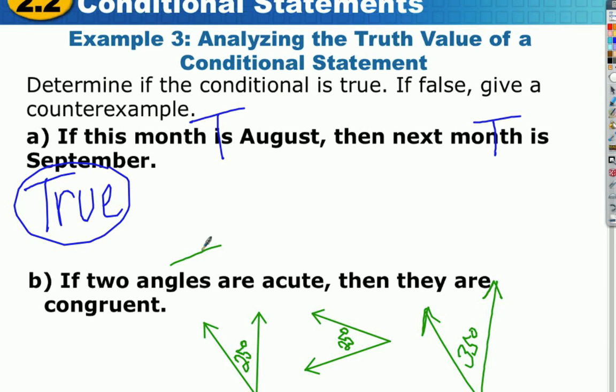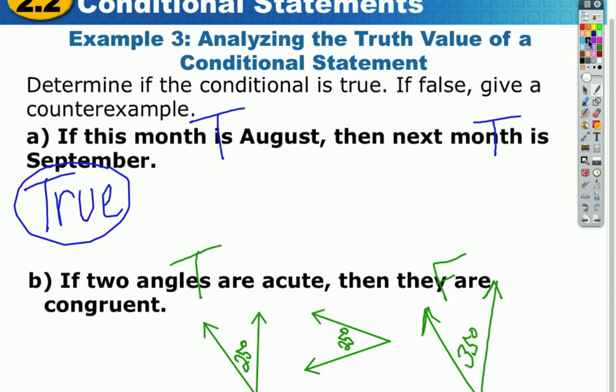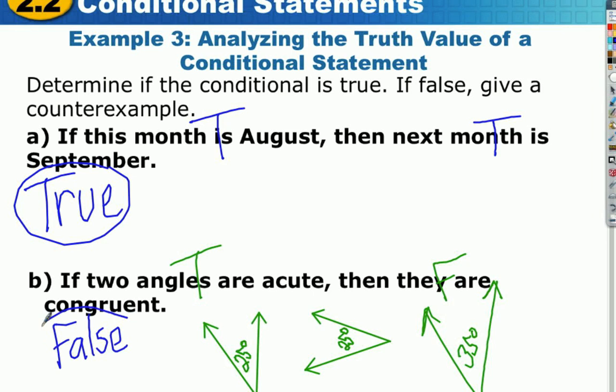So this is true. These are acute, but then they are not congruent, you're saying? And so this part was false. Because that's true and that's false, that makes the statement false. And so what Fung has just done has proven that this is a false statement. For it to be true, it has to be true all the time, or it has to be false all the time. But if it's true and then false some of the time, that's a false statement. Okay?